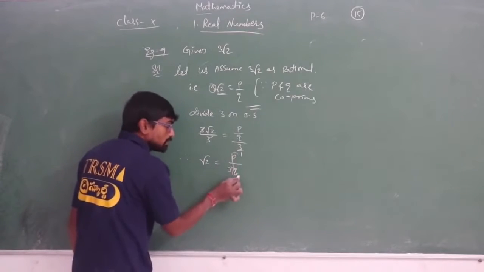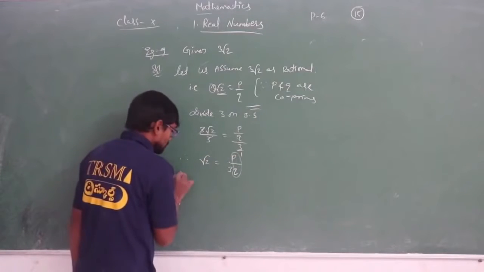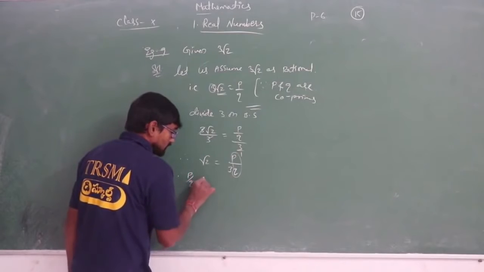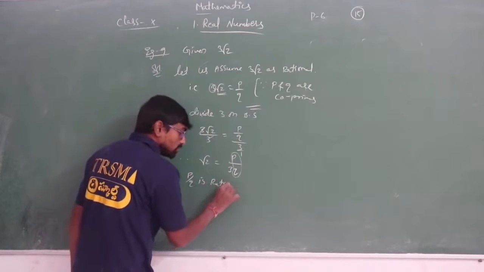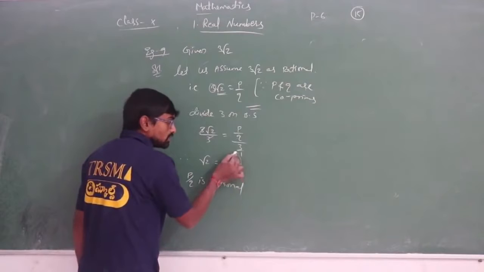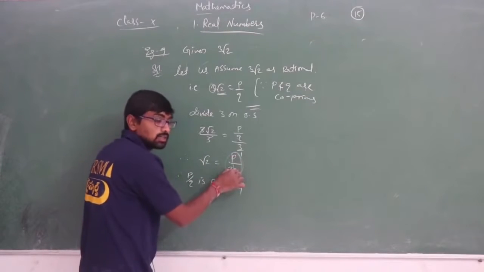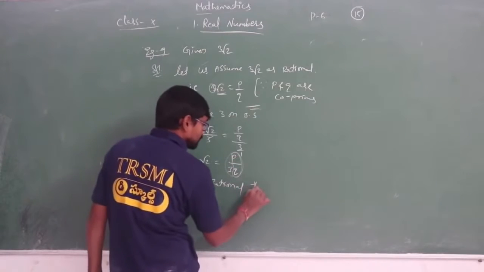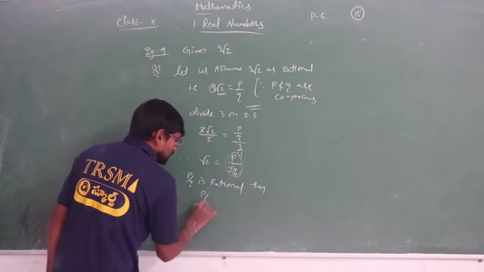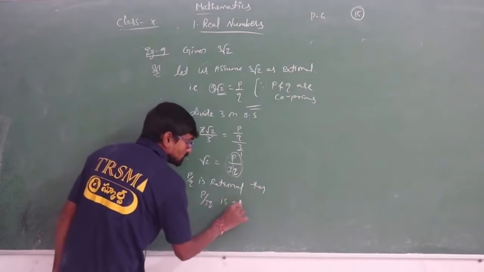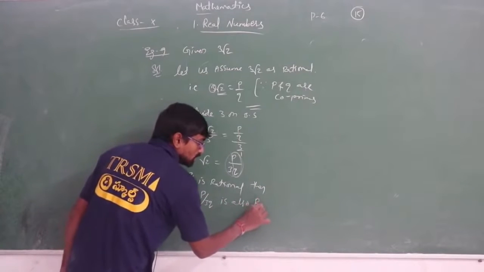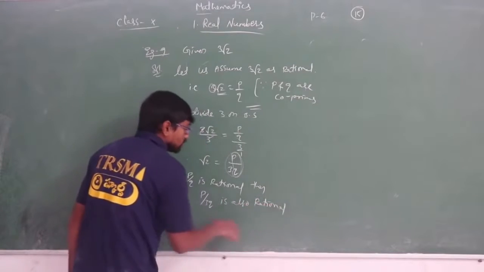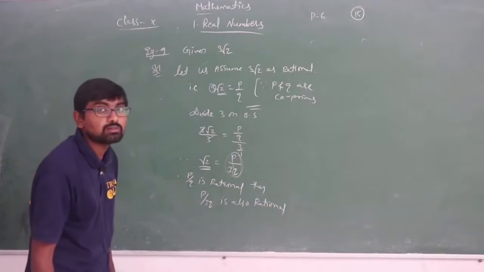Now you can see here, since p by q is rational, if it is divided by 3 it is also rational, isn't it? Then p by 3q is also rational. But you see, on the left hand side what do we have? Root 2.